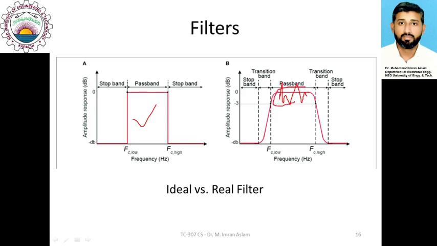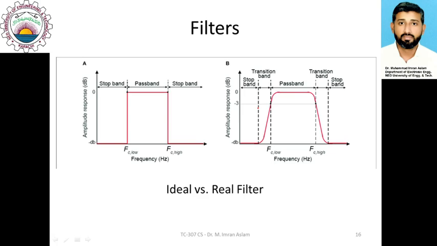If we try to reduce the ripples in the passband, we may get ripples in the stop band. If we try to reduce ripples in the stop band, we may get a wider transition band. So what I want to explain is that it's not possible to get all the optimum values simultaneously. Eventually you have to compromise on something.